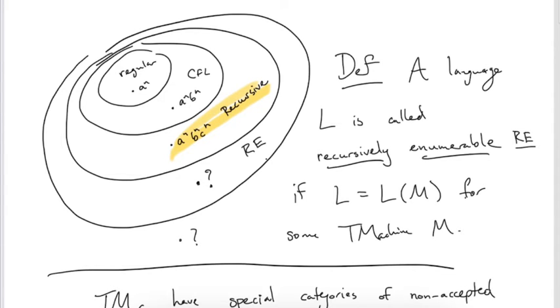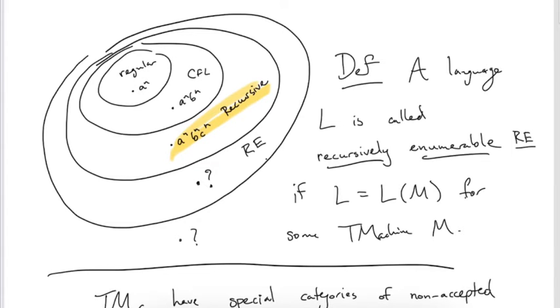Now, I didn't point it out at the time, but the Turing machine you wrote for a^n b^n c^n does not loop forever on any inputs. It does go back and forth a little bit, but every time it does, it's changing the tape. And so it's never going to get locked into a scenario where it just bounces back and forth without changing anything. Those are called the recursive languages.